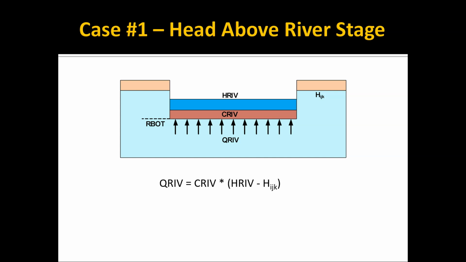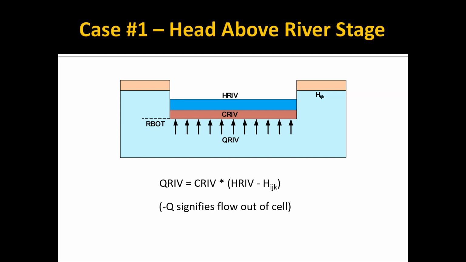We just have a conductance representing the hydraulic conductivity and geometry of the river bottom sediments. And then we multiply that by a head difference defined by the difference between the water level in the cell, HIJK, and the stage in the river. The larger that difference, the greater the flow rate from the aquifer to the river.